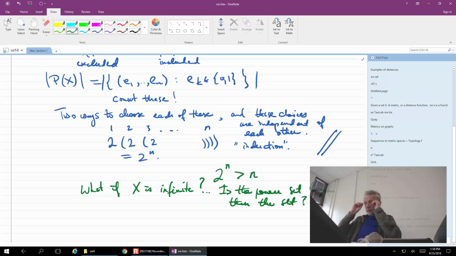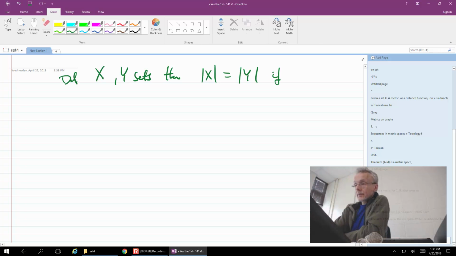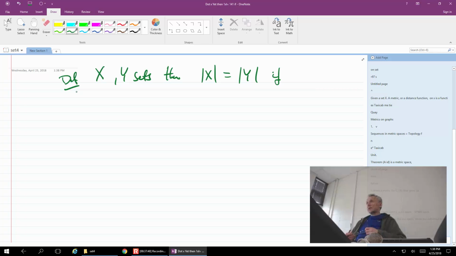How do we compare cardinalities of sets? Two sets, x and y: the cardinality of x is the cardinality of y if what? What's the condition? If they contain the same number of elements. When it's finite, yes. If it's infinite, we cannot attach a number to it. In fact, we're trying to find a way to attach something to the size of a set which is infinite. How do we compare?